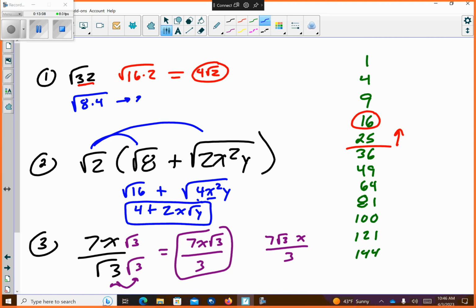So that technically is this. But then 8 breaks down to, and then that's going to give you 2 times 2 root 2, which then gives you the 4 root 2. Okay. So your way will work as long as you've broken all of the perfect squares. Don't ignore 1 because 1 times whatever, 1 works every time. But yeah, your way will work.